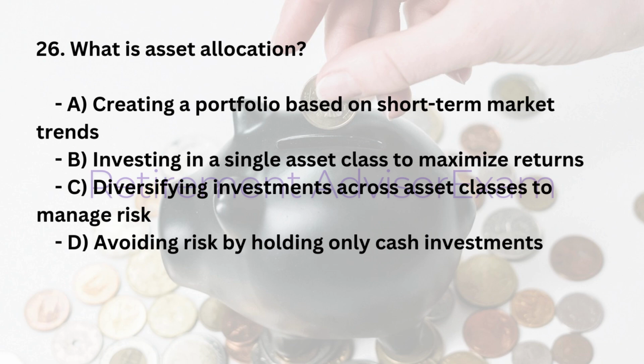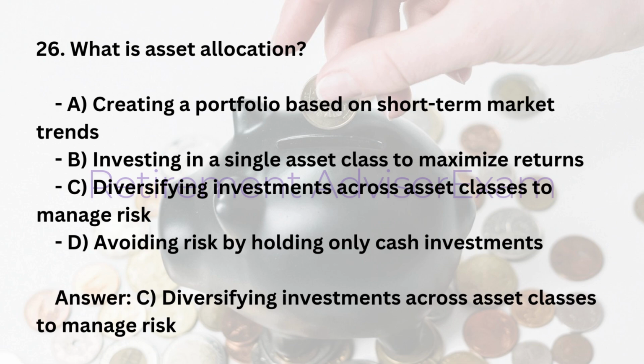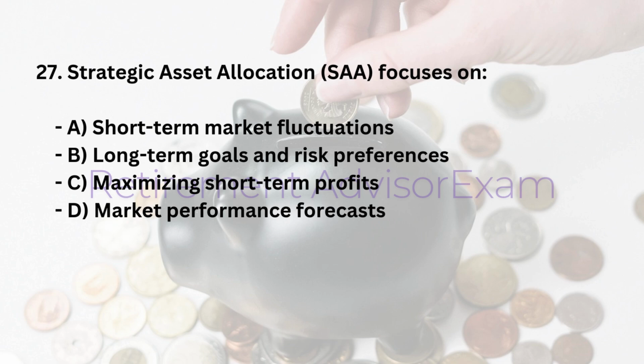26. What is asset allocation? A. Creating a portfolio based on short-term market trends, B. Investing in a single asset class to maximize returns, C. Diversifying investments across asset classes to manage risk, D. Avoiding risk by holding only cash investments. Answer: C. 27. Strategic asset allocation, SAA, focuses on A. Short-term market fluctuations, B. Long-term goals and risk preferences, C. Maximizing short-term profits, D. Market performance forecasts.